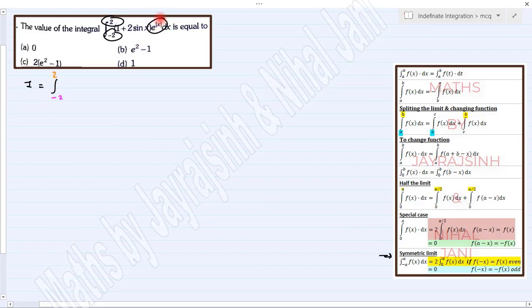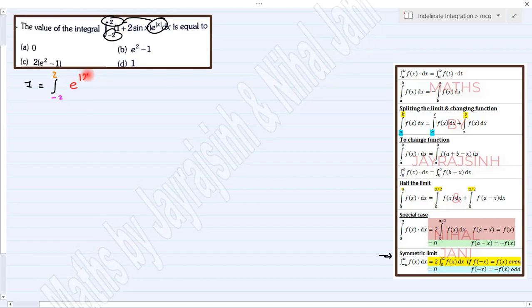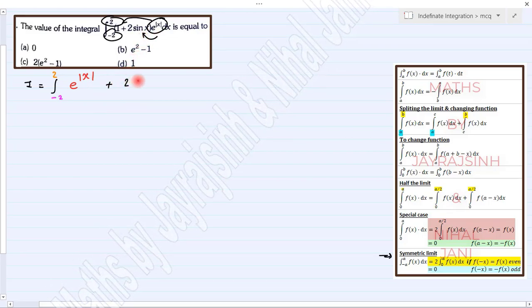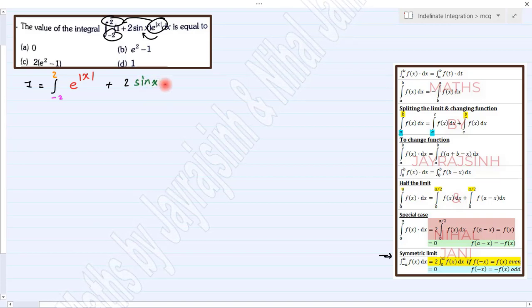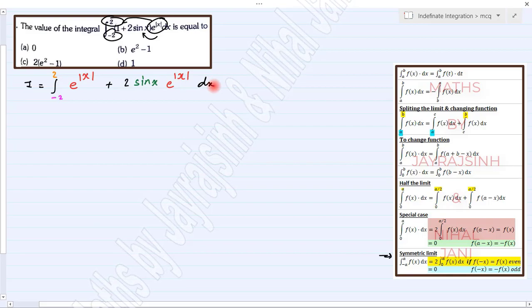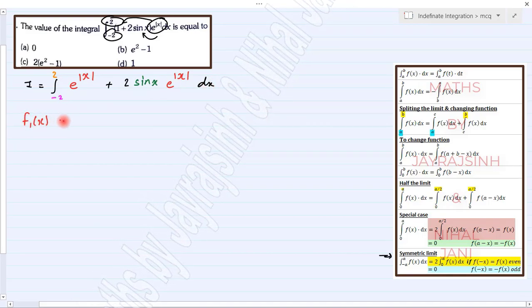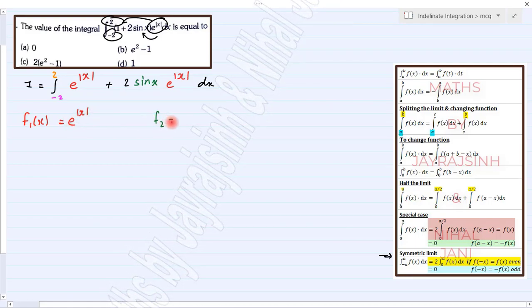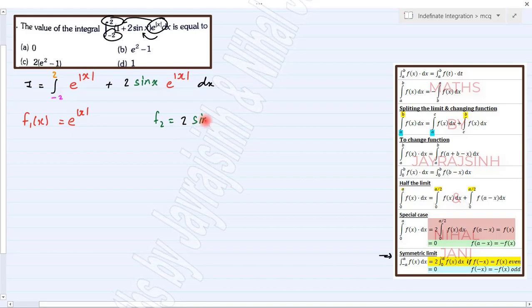Let's say this e raised to mod x multiply with 1 will give us e raised to mod x, and multiply with the second term will give us 2 sine x into e raised to mod x. So here we have combination of two functions. Let's say your first function is e raised to mod x and your second function is 2 times sine x into e raised to mod x.